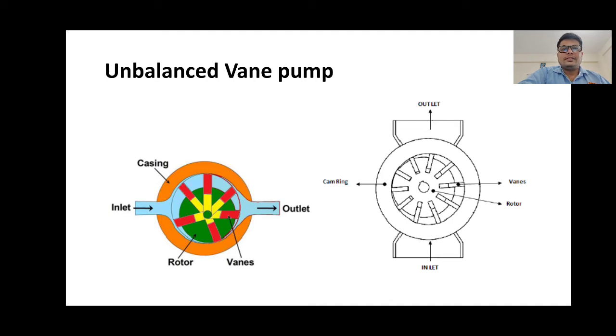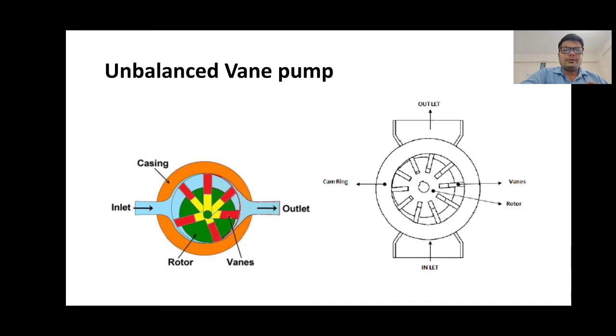The pressure difference between outlet and inlet ports creates a large load on the vanes and a significant side load on the rotor shaft, which can lead to bearing failure. And this type of pump is called the unbalanced vane pump. You can see the figure.